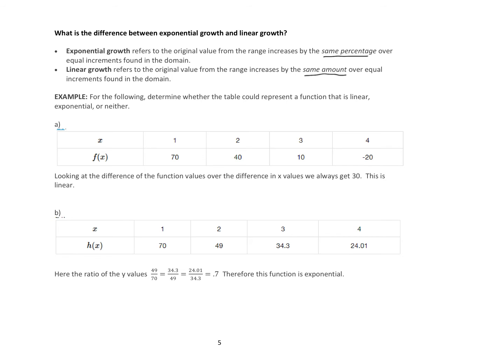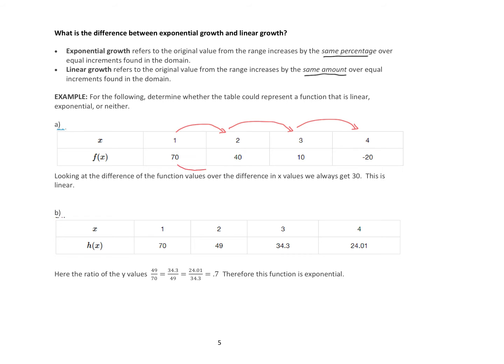So let's take a look at these first two examples. We have two sets of ordered pairs, really. We have x values and f of x values. And we notice that in the first example, x increases by 1 every time.